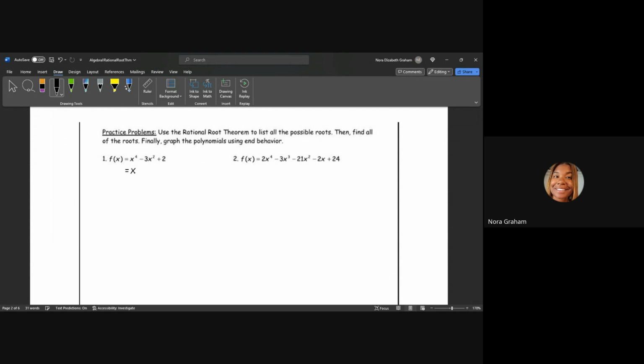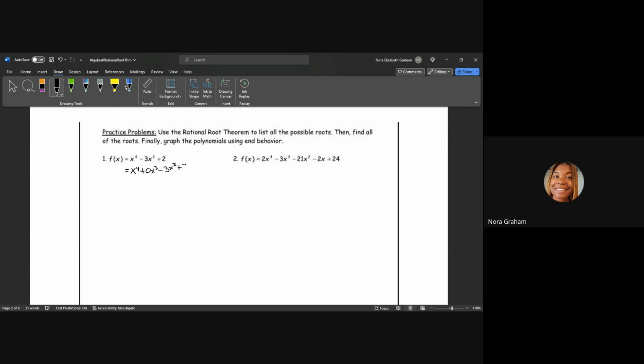So it'd be x to the fourth, and then plus 0, because that's our coefficient for that one, x to the third. And then minus 3x squared, and then plus 2.